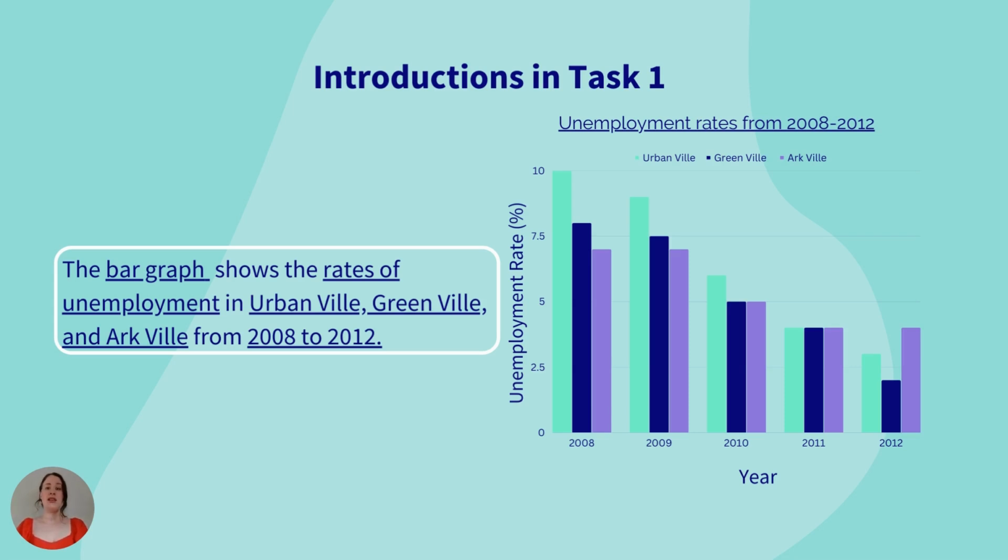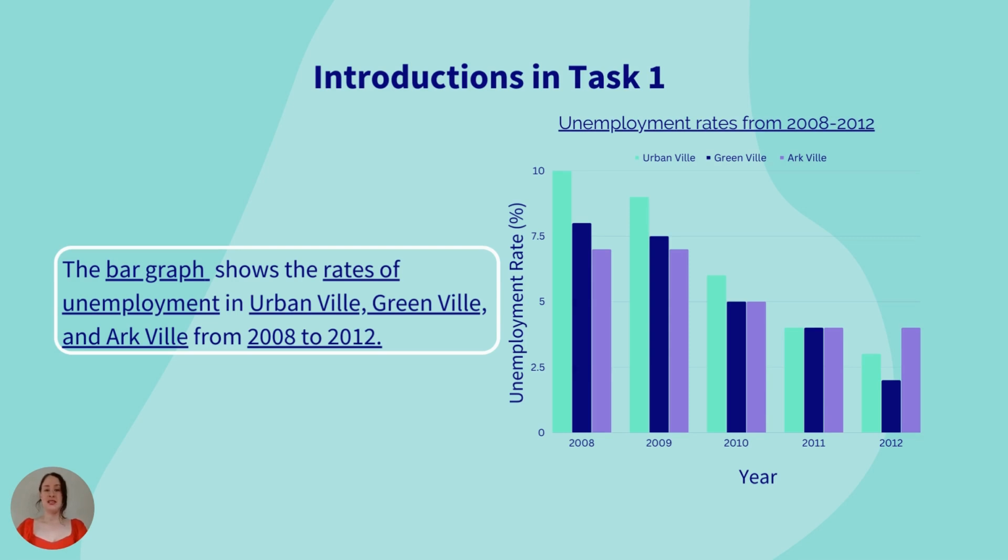Here you can see an example introduction for the bar graph shown. As you can see, I have underlined all the information that we identified previously, and it is all included in the introduction. So, an introduction could be: the bar graph shows the rates of unemployment in Urbanville, Greenville, and Arkville from 2008 to 2012.